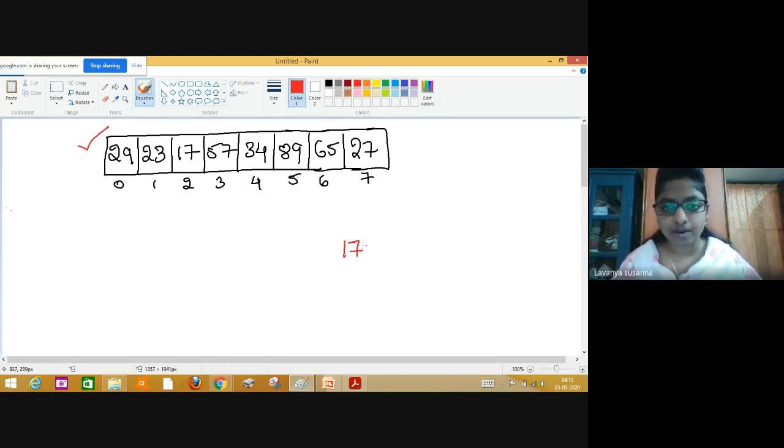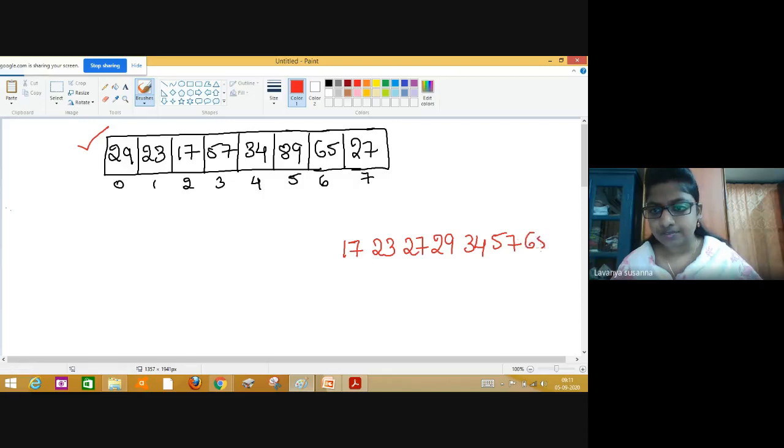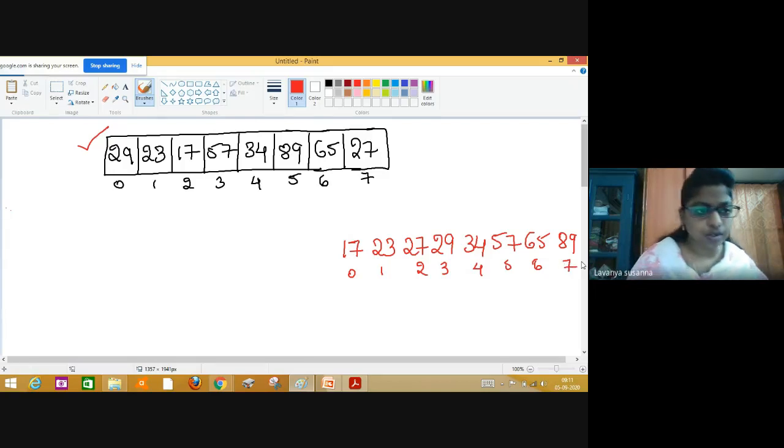Arrange the elements in ascending order: 17, 23, 27, 29, 34, 57, 65, 89. Is this okay? Indices 0, 1, 2, 3, 4, 5, 6, 7.